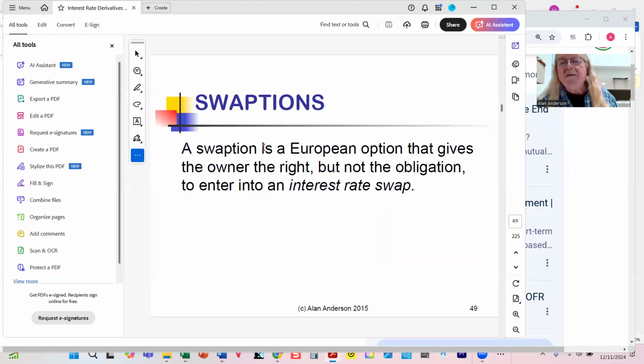Anyway, now swaptions. Now, we didn't really talk about swaps. A swap is a structure where you trade cash flows back and forth based on what we call a fixed rate of interest and a floating rate of interest. And these are very popular for people who are hedging interest rate risk. But they also can be used for hedging currency risks. There are interest rate swaps and there are currency swaps.